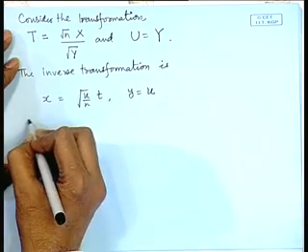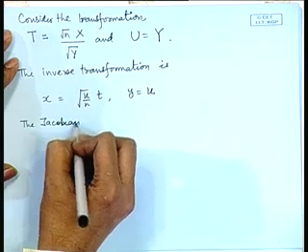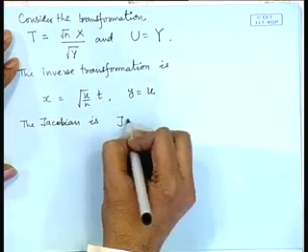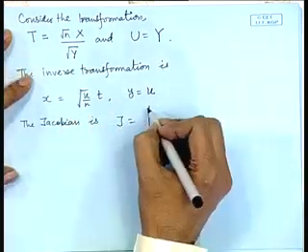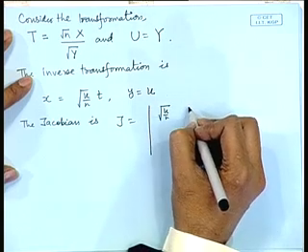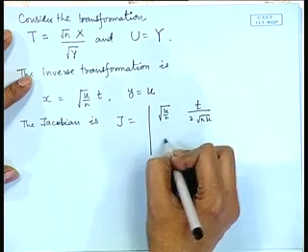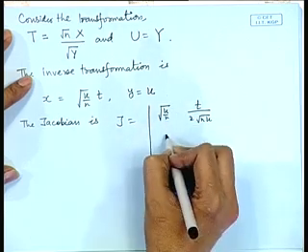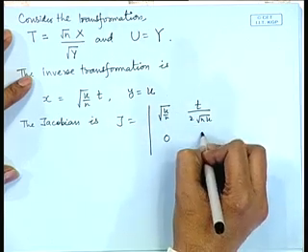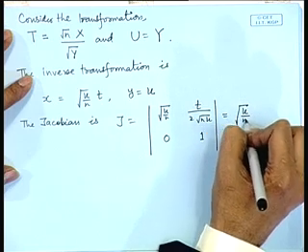So, we consider the Jacobian. Del x by del t is root u by n, del x by del u is t by 2 root n u, del y by del t is 0, and del y by del u is 1. So, it is equal to root u by n.